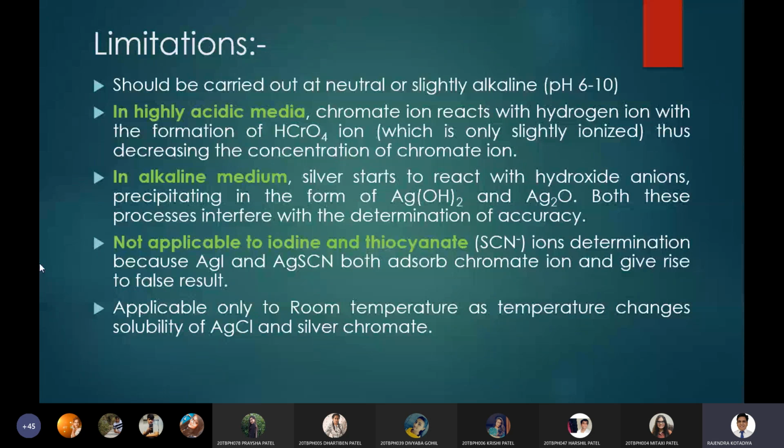First one is Mohr's method, જે આપણે ડિસ્કસ કરી હમણાં જ. Second one is Volhard's method, and third one is Fajan's method. Okay, these are the three applications of precipitation titration, and all three methods have different sorts of mechanisms.